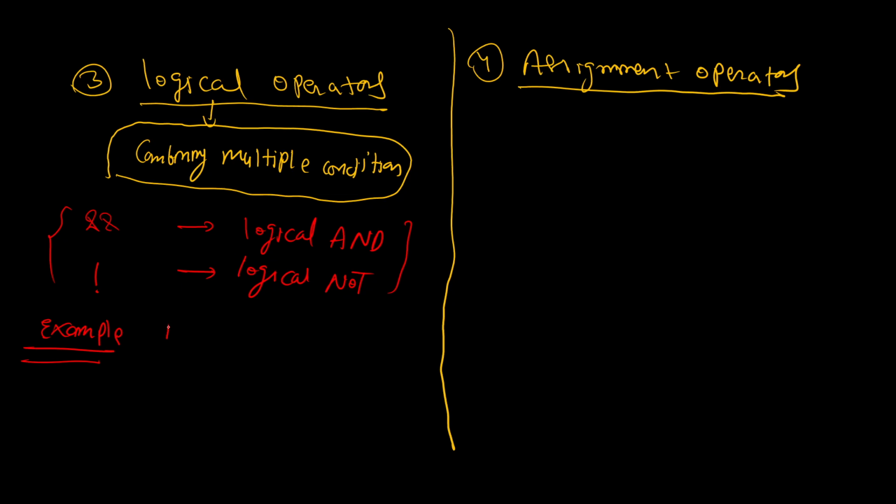Here I take one variable of integer type, age, and this variable is storing 25. Now I use an if. Inside the if I will write age greater than or equal to 18, and age less than or equal to 60.